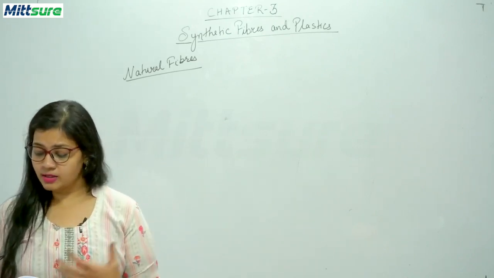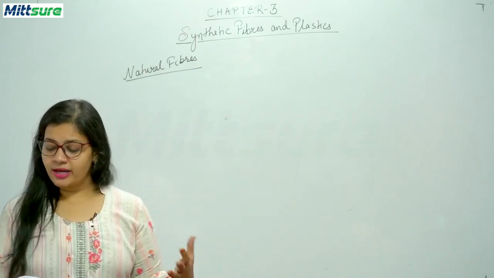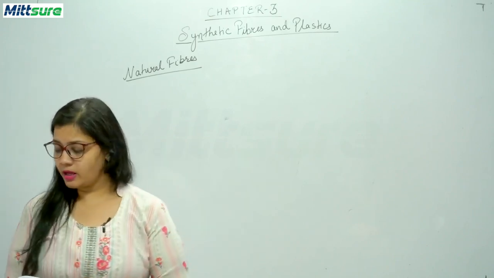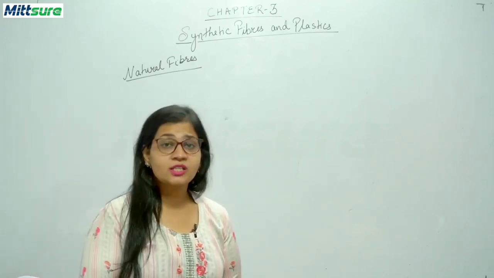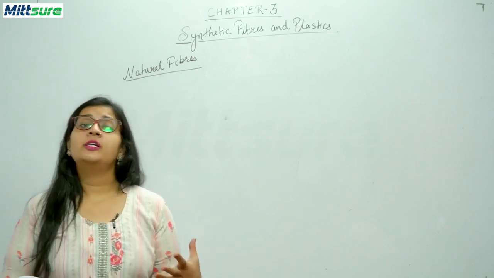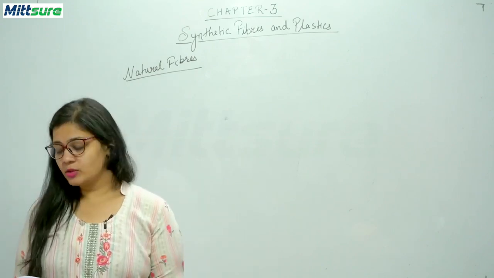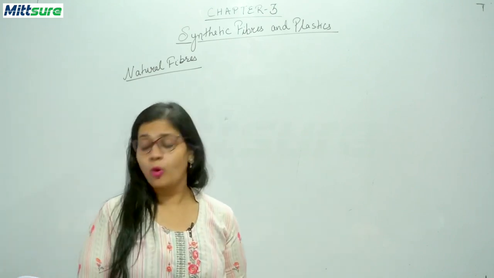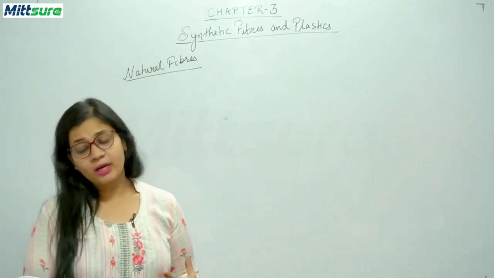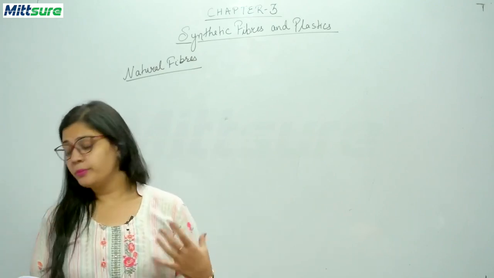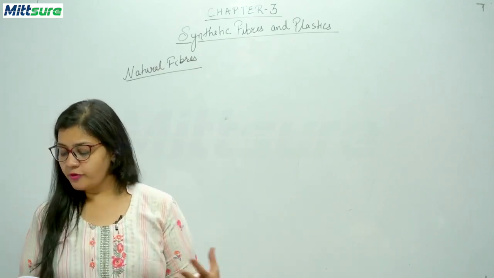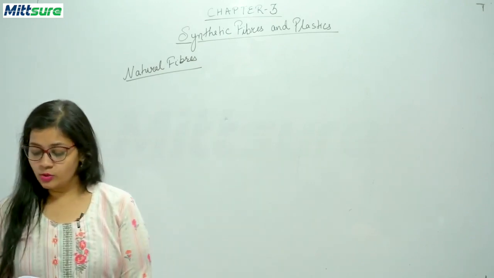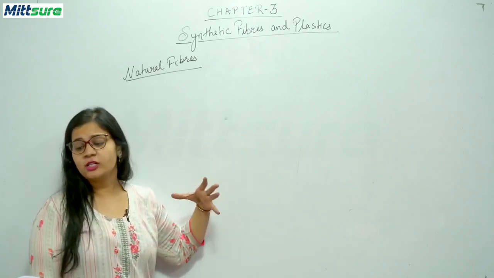Cellulose is made in plants by joining small units of glucose, which is manufactured by green plants by the process of photosynthesis. Now we get wool and silk from animal sources. Wool is the hair of sheep and silk is obtained from silkworms. Both are made up of a polymer called protein, and these proteins are formed by joining monomers called amino acids. Okay, so this was about natural fibers.